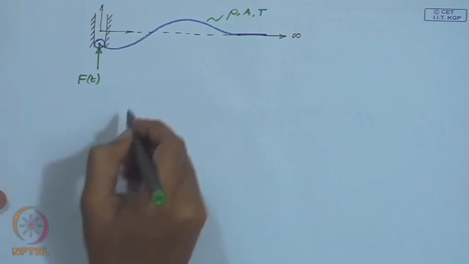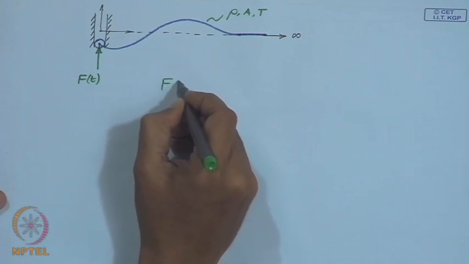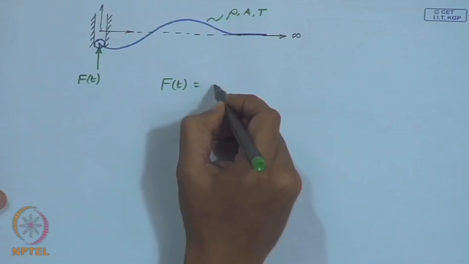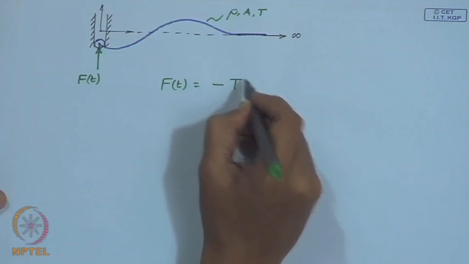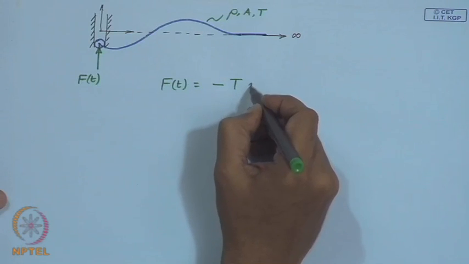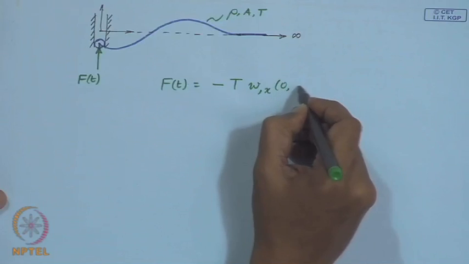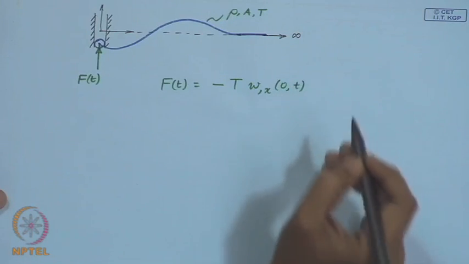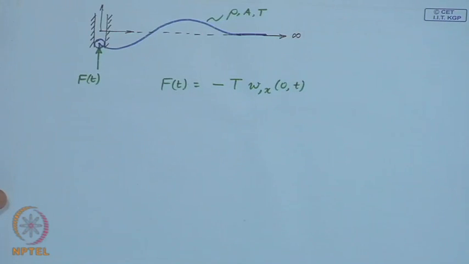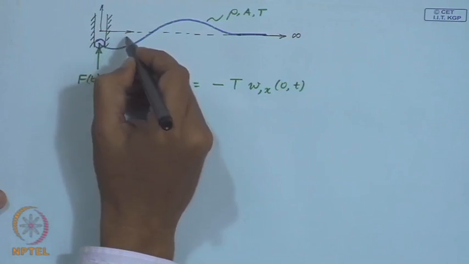So, this force must be equal to, written in terms of the tension in the string. So, this force must be equal to negative of tension times the slope at 0.